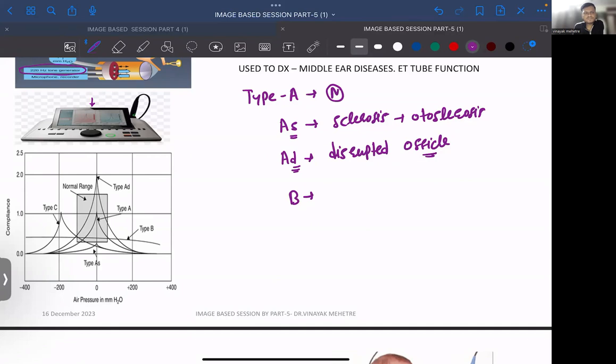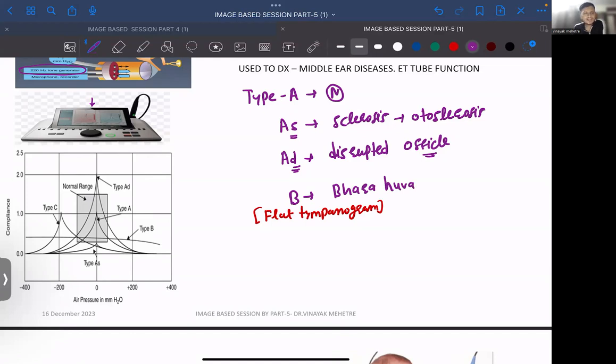Type B is seen in which disease? Anyone? इसी को हम बोलते हैं फ्लैट टिम्पैनोग्राम. कैसे याद रखोगे? बाय द न्यूमोनिक भरा हुआ.